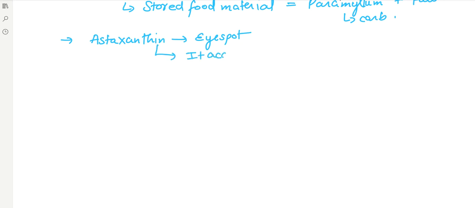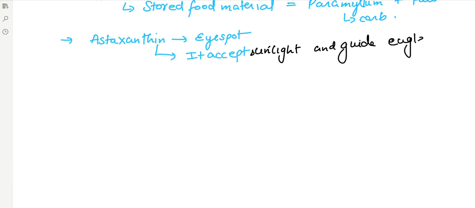It accepts your sunlight and guides Euglena to move towards sunlight. Okay, it will guide your Euglena to move towards sunlight so that it can perform photosynthesis again. So that is the function of eye spot or astaxanthin.